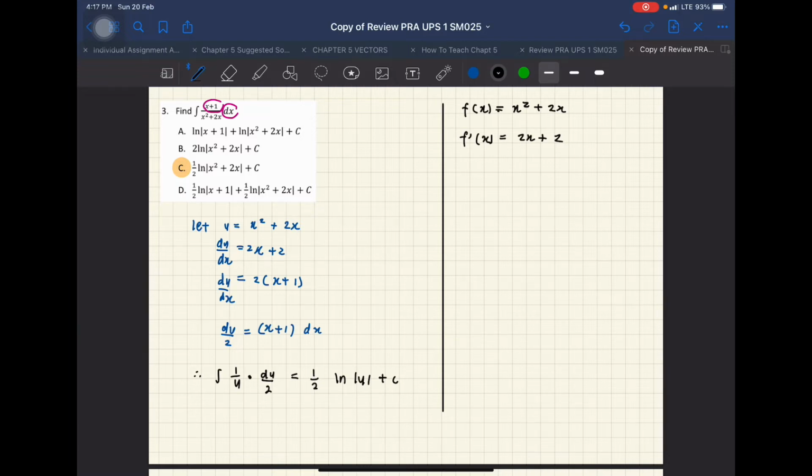Okay, like this. Alright, so from here we can rearrange our question. So it must be the integral and then the top part is f prime. So we have 2x plus 2, sorry. And then the denominator is x squared plus 2x dx.